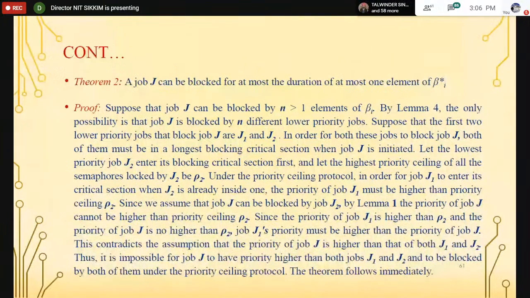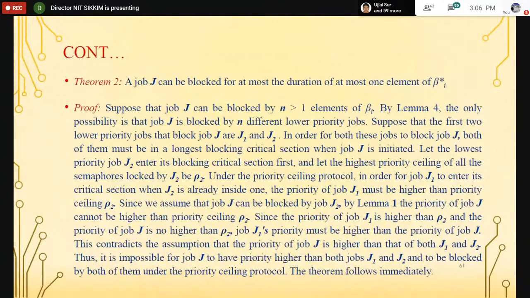The job Ji can be blocked for at most the duration of at most one element of beta. So again, if there are 4 lower priority tasks which execute one after another, and let's say your high priority task also shares all the 4 resources.